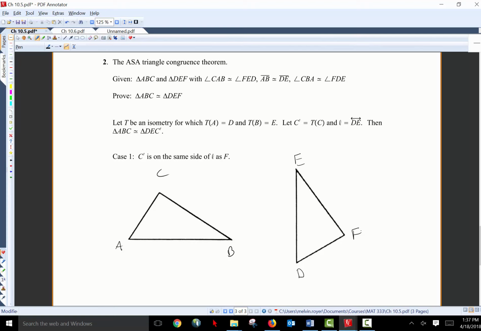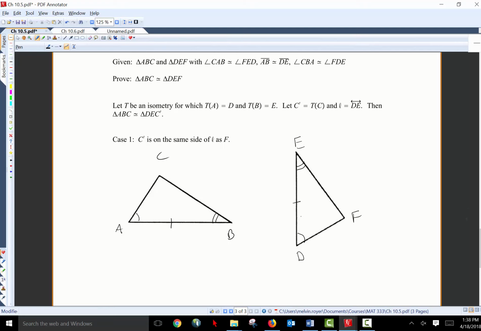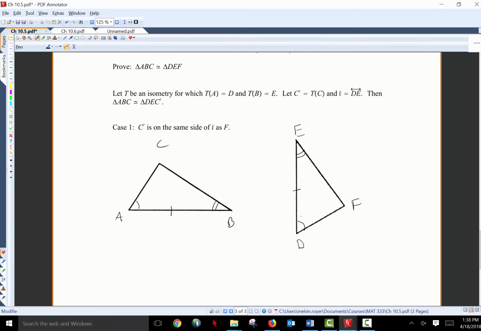And we're given that the angle at A matches the angle at D, that the angle at B matches the angle at E, and then the sides in between are congruent. And we're supposed to show that these two triangles are congruent.